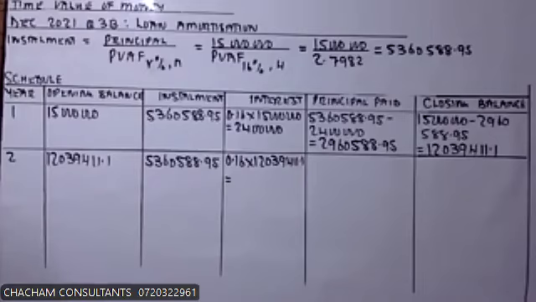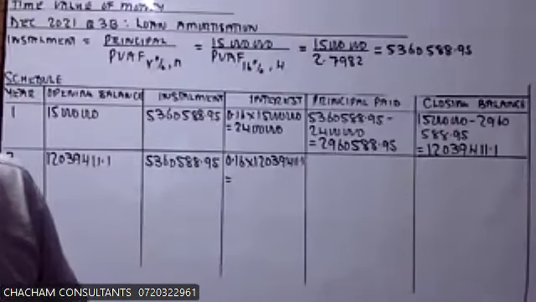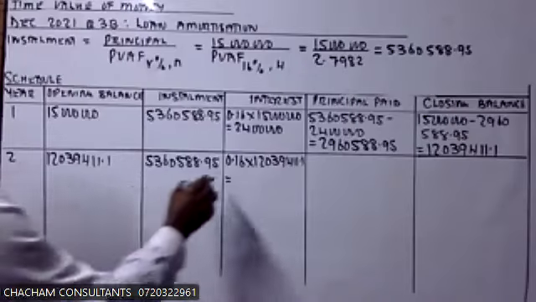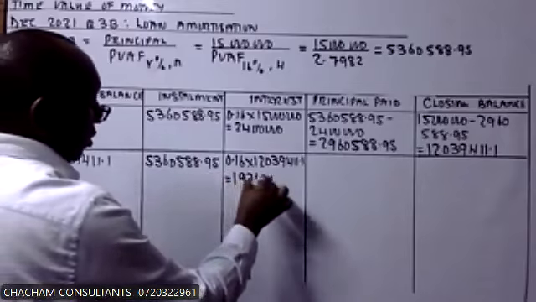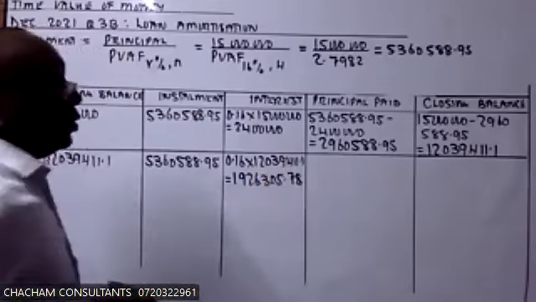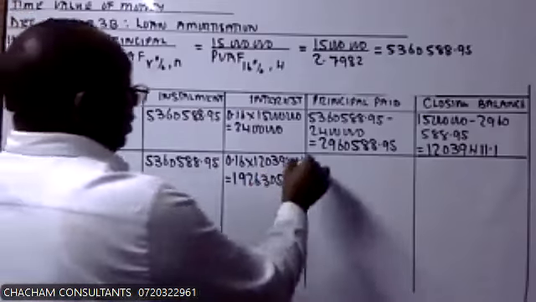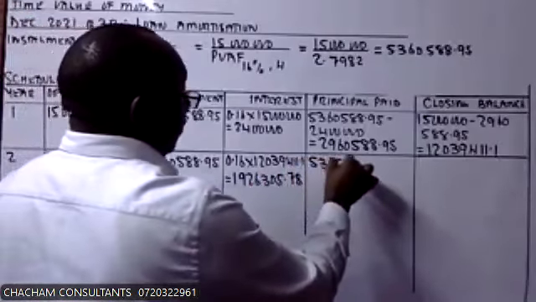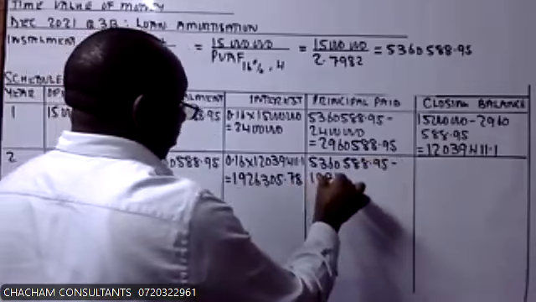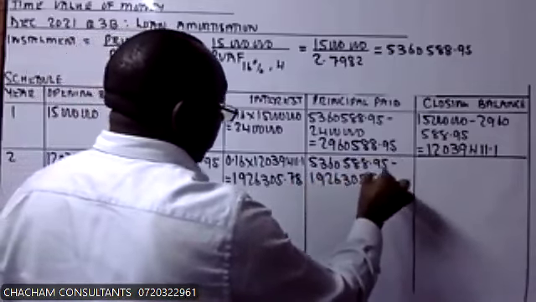The interest is 1,926,305.78. So the principal paid is 5,360,588.95 minus this interest of 1,926,305.78.